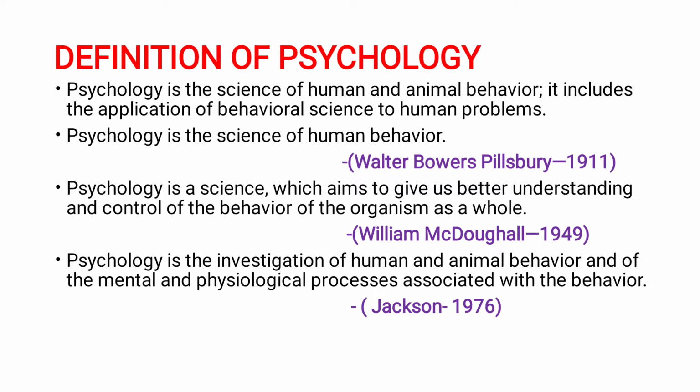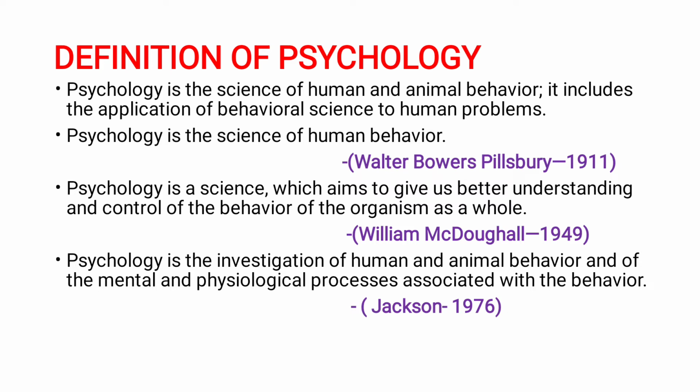Next is: psychology is a science which aims to give us better understanding and control of the behavior of the organism as a whole. So what you are going to find out from this? The aim of psychology is to understand the behavior of an individual or organism and control the behavior of the organism as a whole.